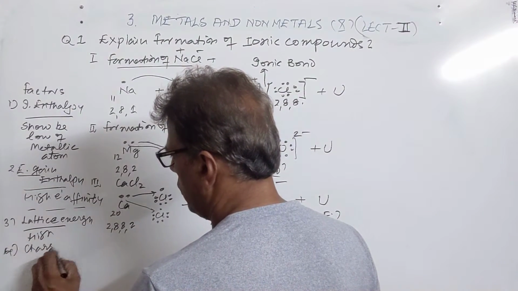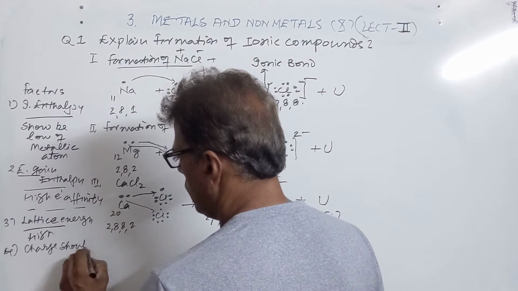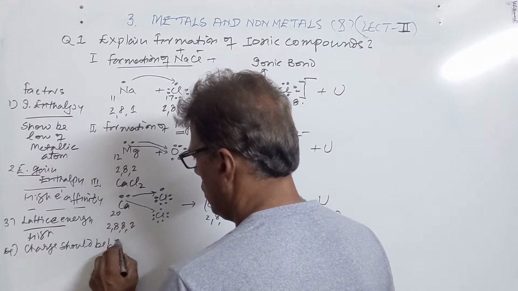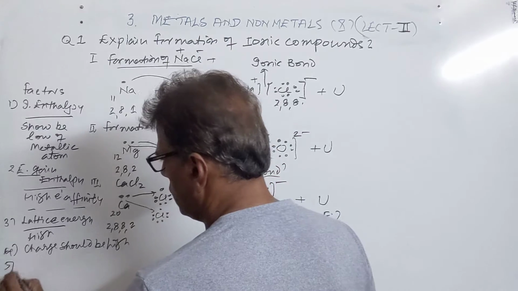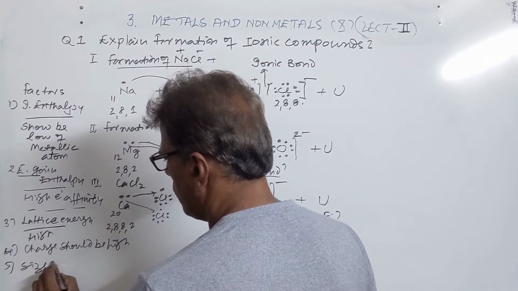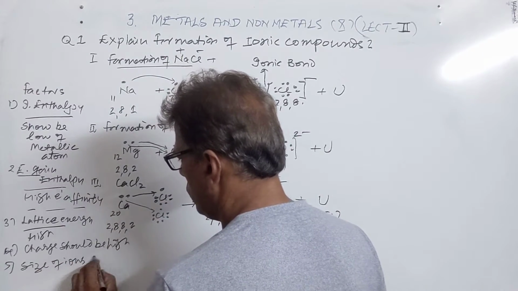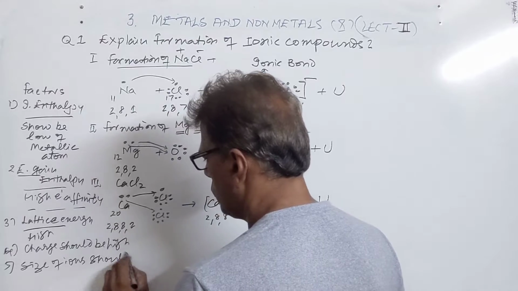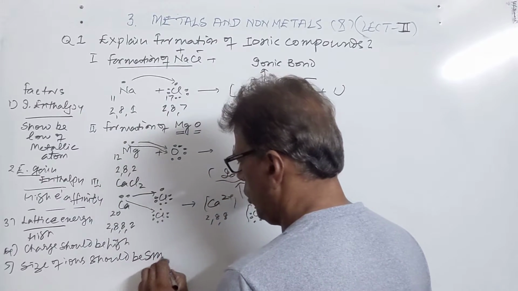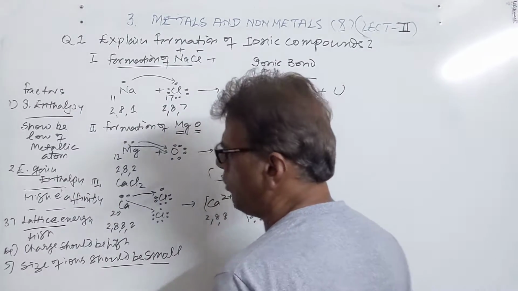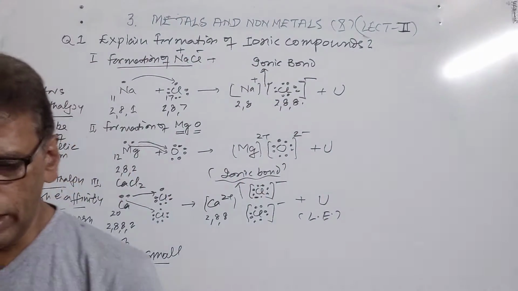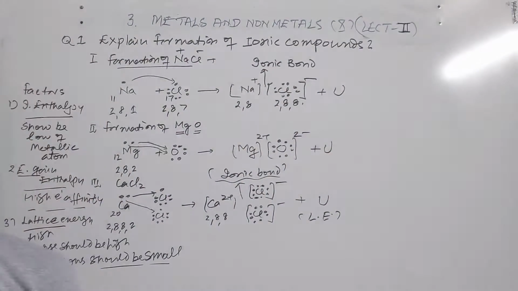Charge should be high. Size of ions should be small. So all of these factors support the formation of ionic bond between the oppositely charged ions.